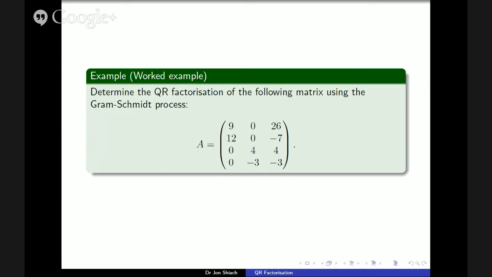Okay, so in this case, we've got R13, which is E1 dot A3. Now, E1 was 3/5, 4/5, 0, 0, dot the third column, 26, minus 7, 4, and minus 3.